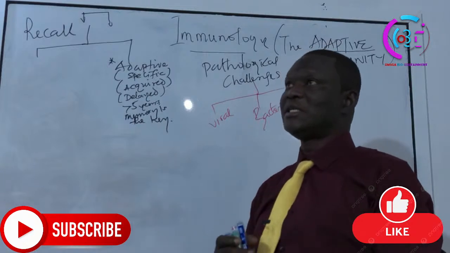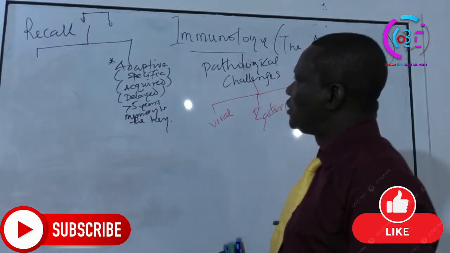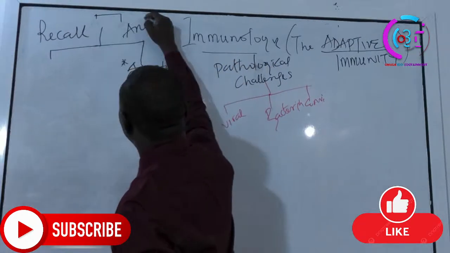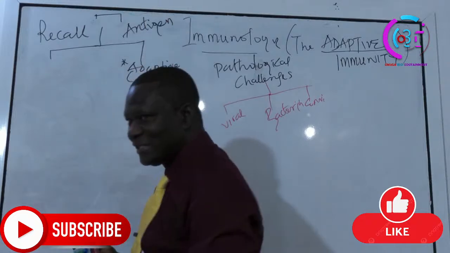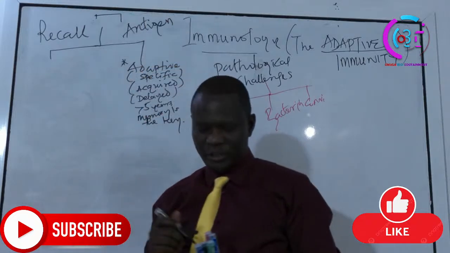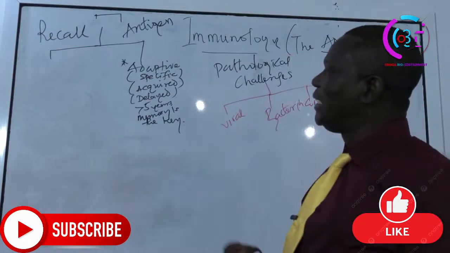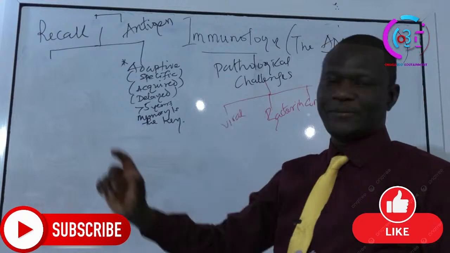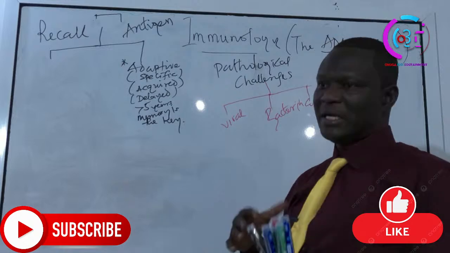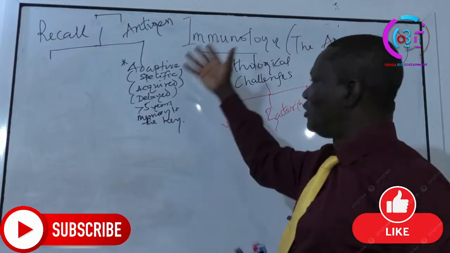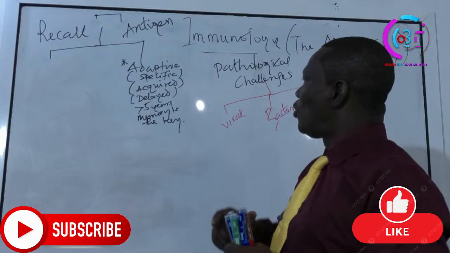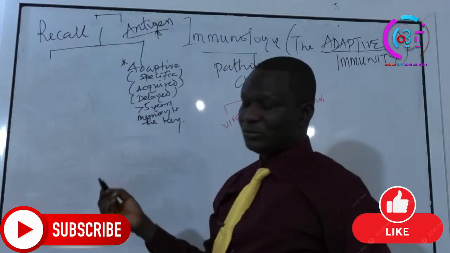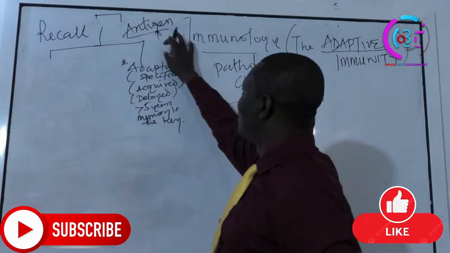Don't forget that when we were talking about antigen, I told you that an antigen must be foreign. Apart from being foreign, it must be able to trigger an immune response. If it is foreign and not able to trigger an immune response, it cannot be regarded as an antigen, which requires an immunological response, it could be from antibody.